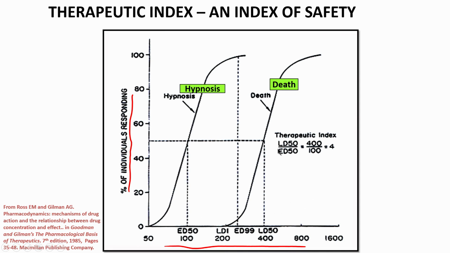So, the therapeutic index of the drug is essentially 400 by 100, because this value is the ED50 and this value is the LD50. So, the therapeutic index comes out to be 4, which is actually quite low for the drugs that are typically used, because if we want 100% of the patients to respond, we may have a few people dying, which is never desirable.